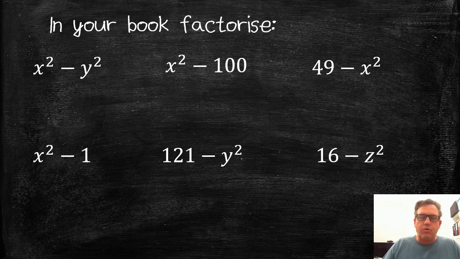Okay, hopefully you recognized that these are all the difference of two squares. So the first one's going to be x minus y, x plus y. Again, the order doesn't matter.